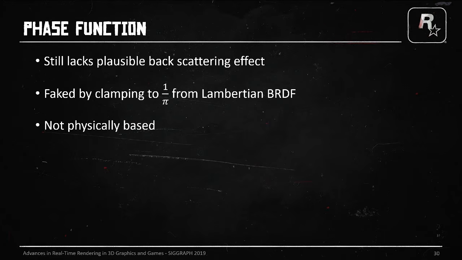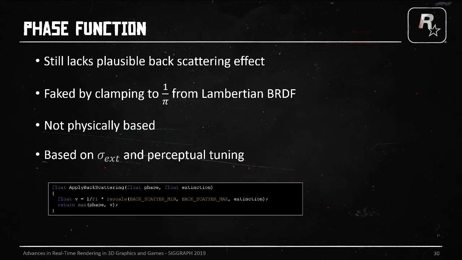That's a hack, so yes, it's not physically based, but we still correlate it with the extinction parameter of the material, as well as some perceptual tuning, which can be represented with this code snippet. And in practice, we never get that high, so we never reach 1/pi, which would otherwise result in an energy additive way, which we don't want to do.